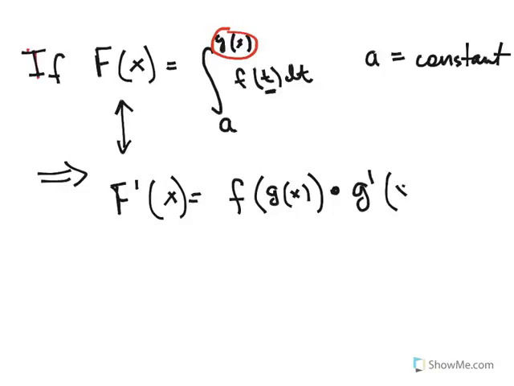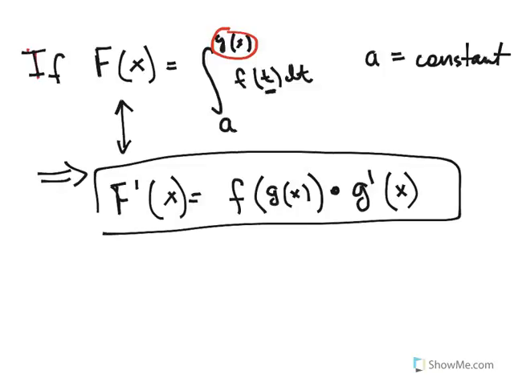So it's g prime of x. So that's your FTC2.